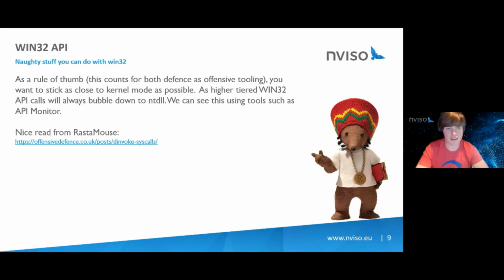And a nice read from one of my heroes, Rastamouse, is on the slide there as well. He explains how to leverage Invoke with syscalls as well, and this is kind of the end topic, the endgame of this presentation. So if you want additional documentation, that's a very nice read.